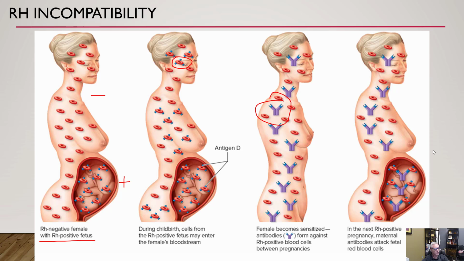Then during the second pregnancy, she gets pregnant again, and now you can see that there's going to be this linkage or reaction between mom's antibodies and these antigens. So that's what we have, this hemolytic disease of the newborn.